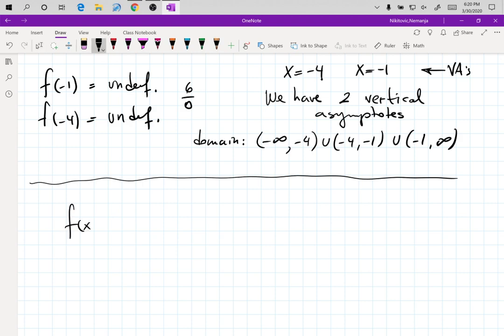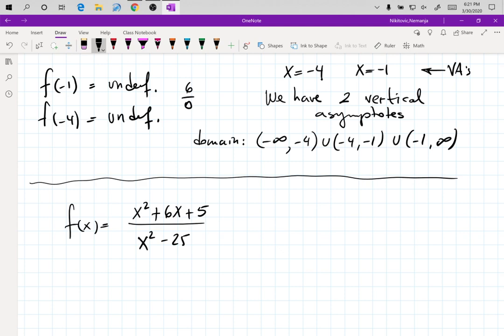So let's say you have f of x equals... sorry, x squared minus 25 is in the denominator, and in the numerator we can have x squared plus 6x plus 5. If you want to just set the denominator equal to 0, you have to be careful, because the factor of x plus 5 will cancel.